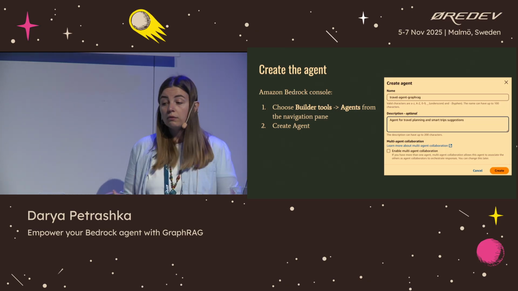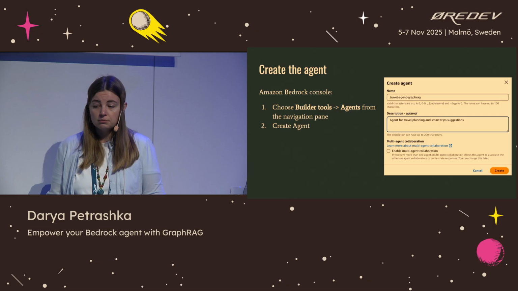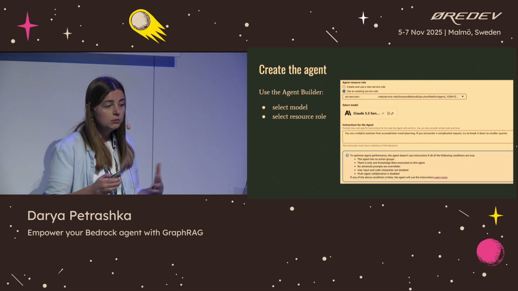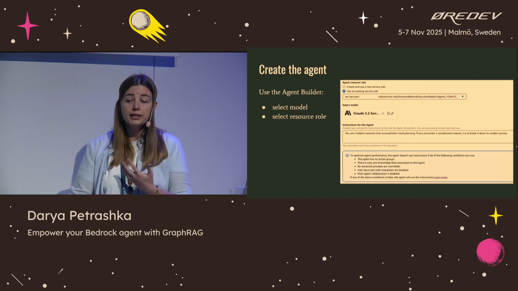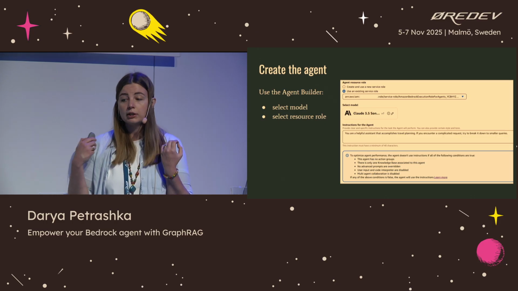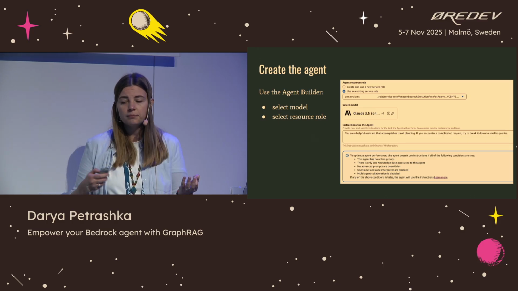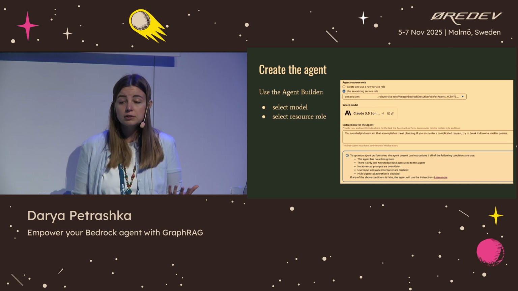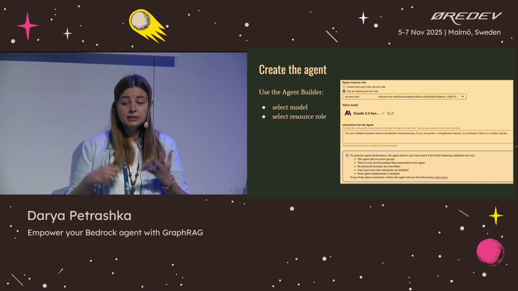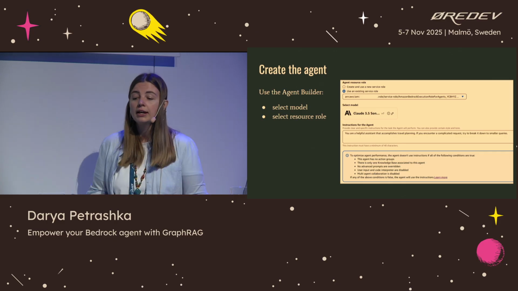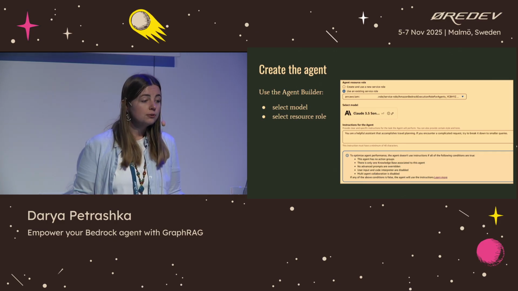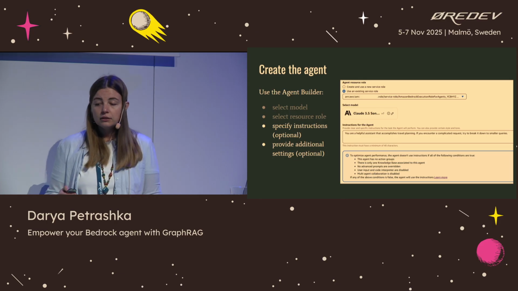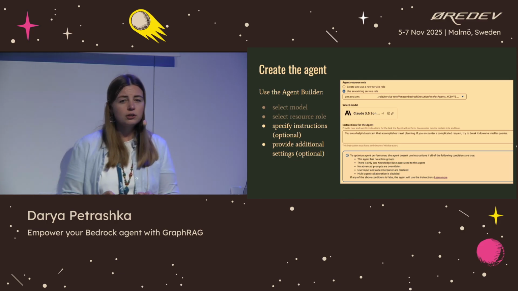All you need to provide is the name of your agent, and then you will be redirected to the agent builder. You need to select a model. It has a wide variety of different models you can use as the reasoning engine of your agent. Select a resource role, and then you still need to provide some instructions.